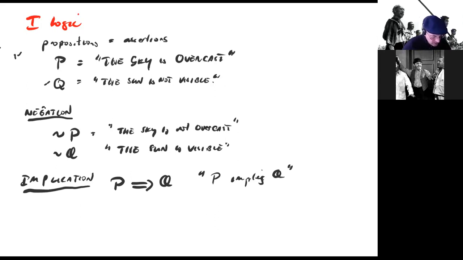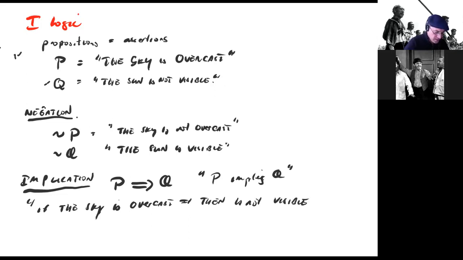So this would be the statement in this case, if the sky is overcast, then the sun is not visible.